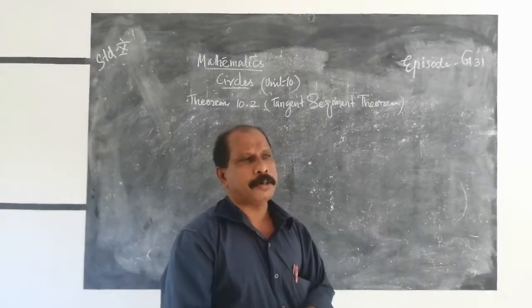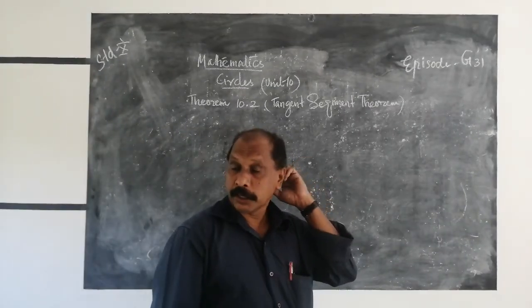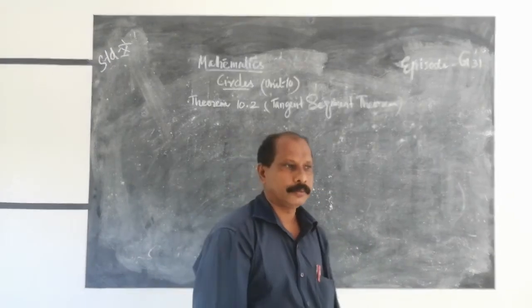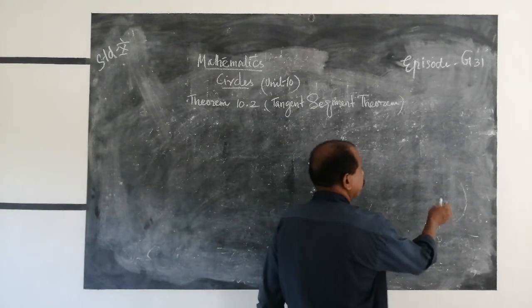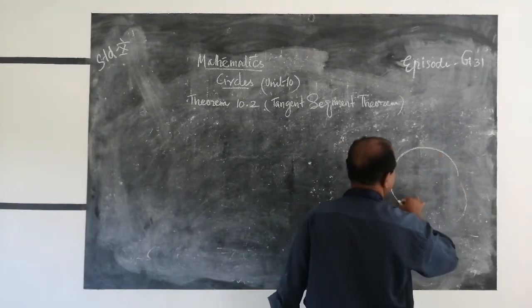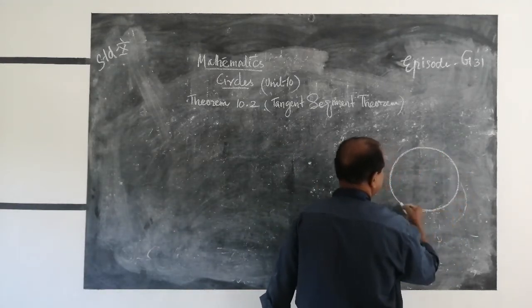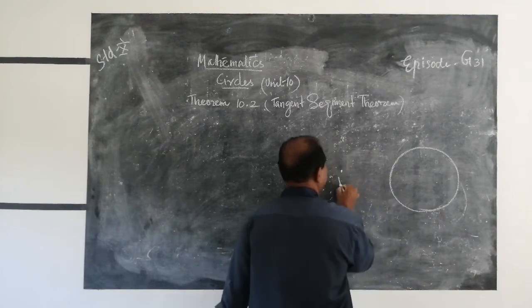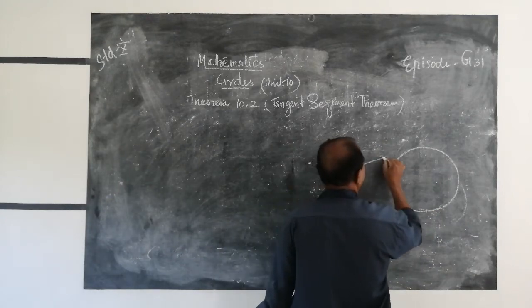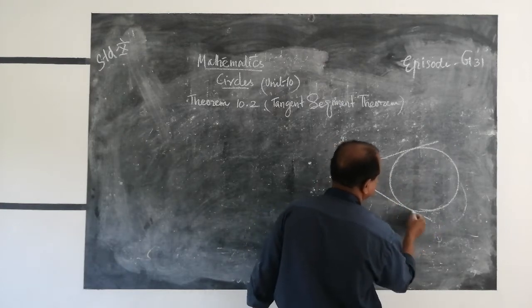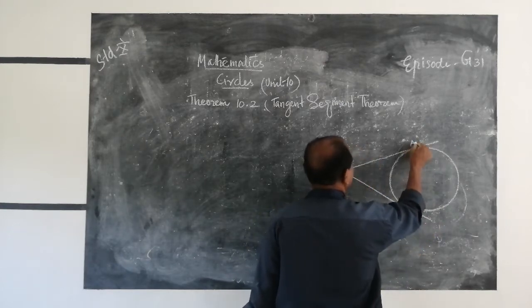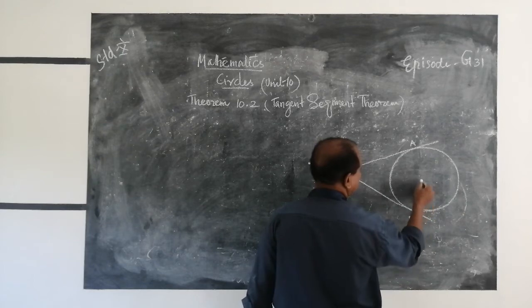We know that at any point on a circle only one tangent can be drawn. But from a point to a circle, that is from an external point P to a circle, two tangents can be drawn. That is PA and PB.